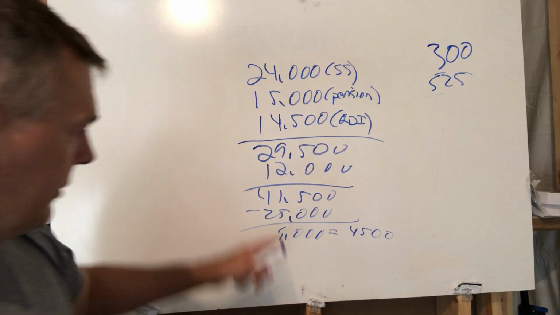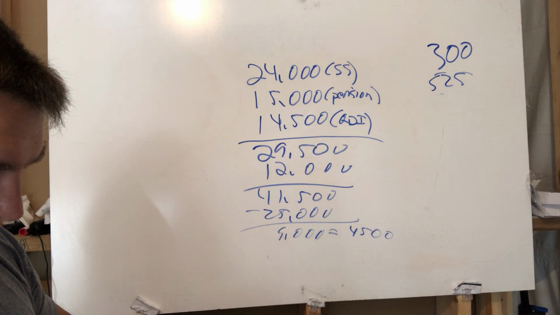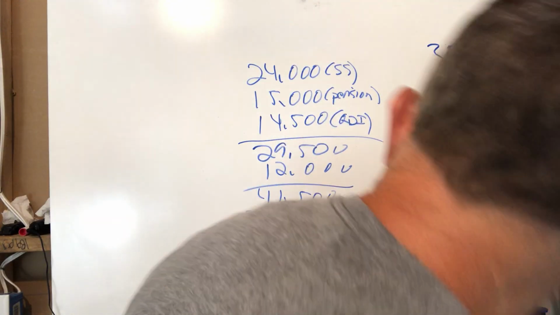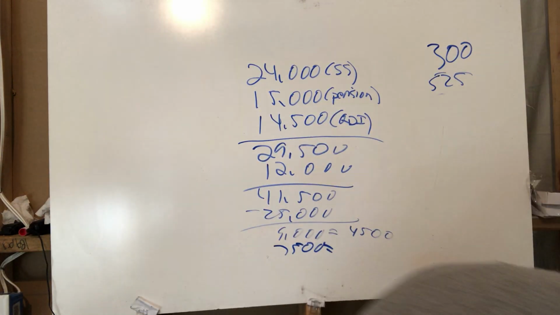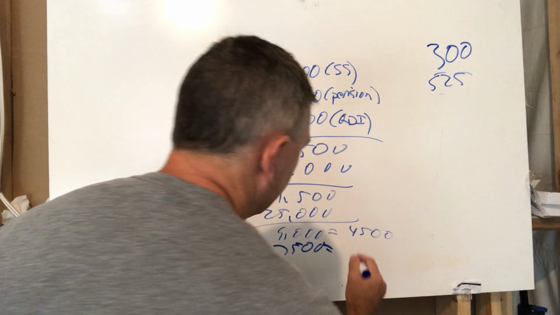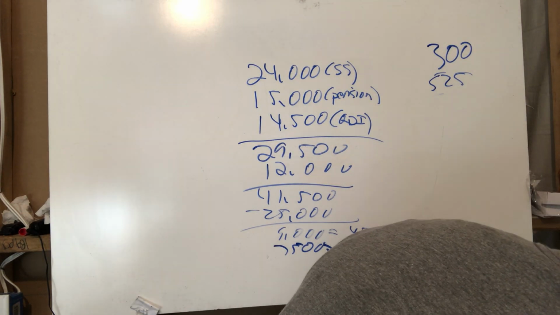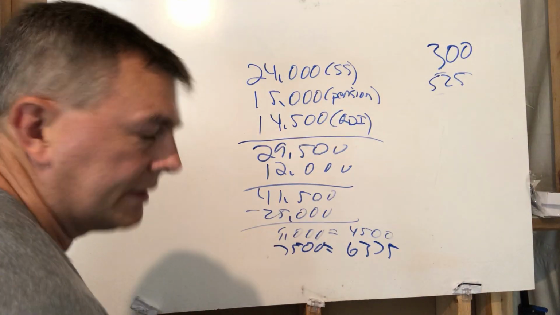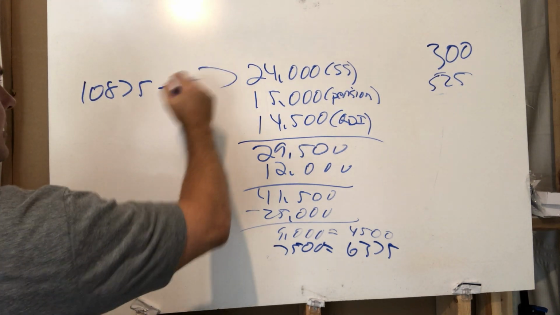The next amount is 41,500 minus 25 minus 9, which gives us 7,500. That's at the 85% threshold, so times 0.85 gives us 6,375. 6,375 plus 4,500 is 10,875. So 10,875 of his Social Security is subject to taxation.